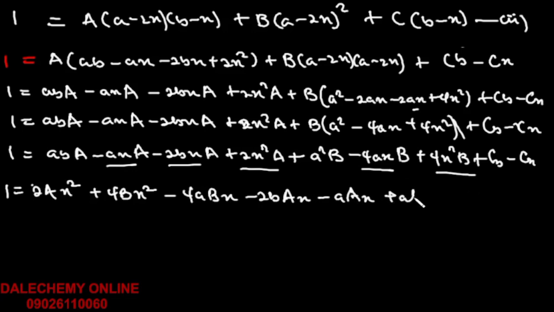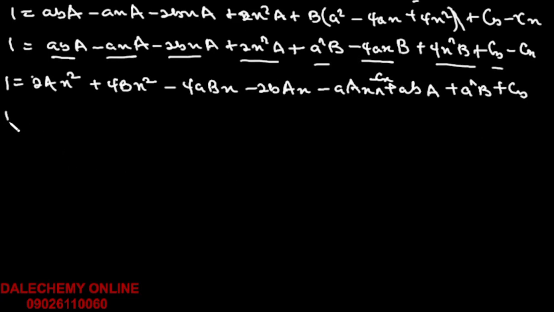Okay, now to the constant ABA, a constant, I mean the one with no x. So now I have plus A squared B, then plus CB. Don't forget we have minus CX here, so we are supposed to put minus CX here.